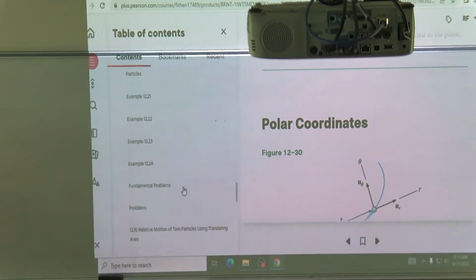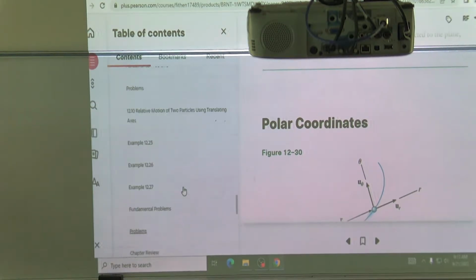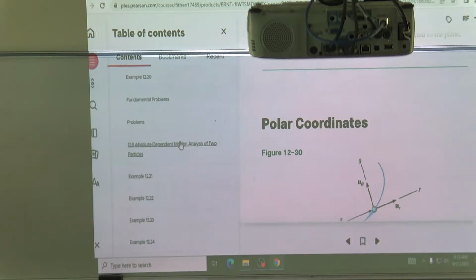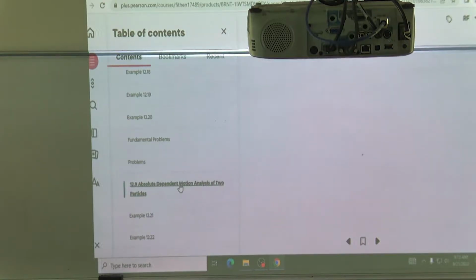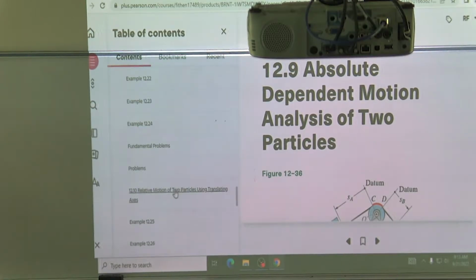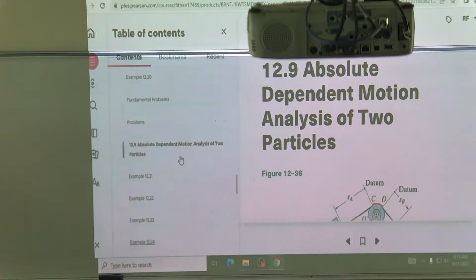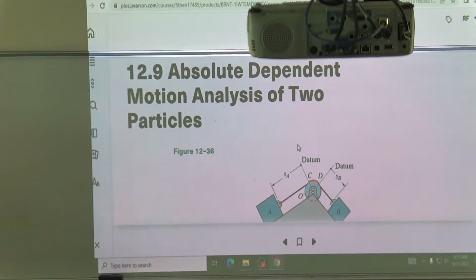So there's one final thing in chapter 12, and it's this section right here. Let me see if I can get rid of that.